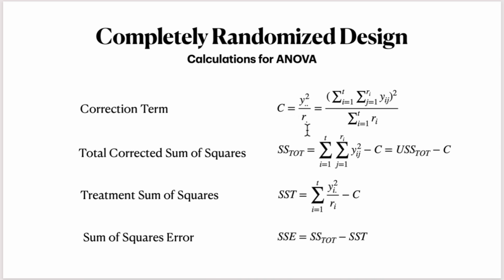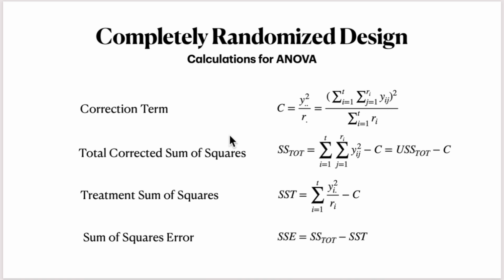So this is essentially the same exact quantity that we talked about in the context of the sample variance. All right, so the correction term, the correction factor that we subtract off of many of the quantities, as you'll see, is the square of the total of the responses across all samples divided by the total sample size. So it's a very easy quantity to calculate.